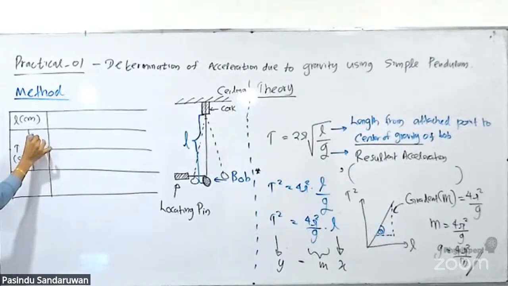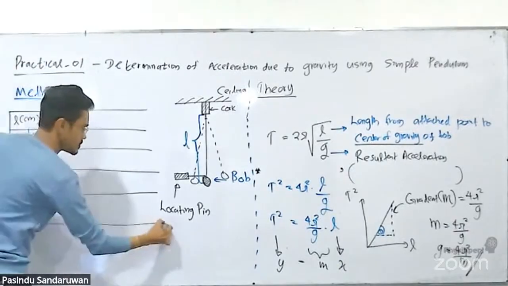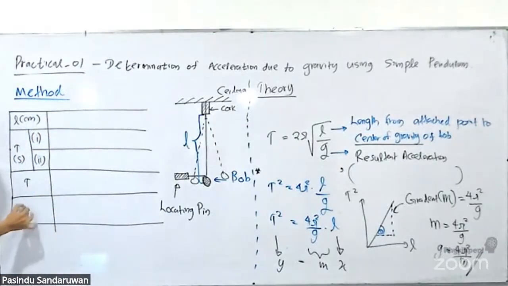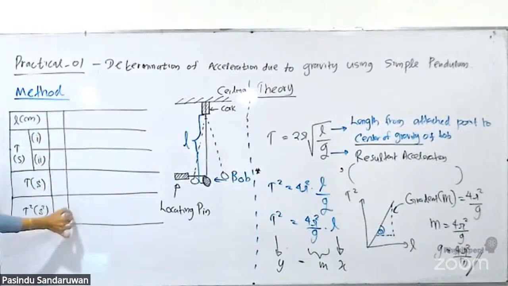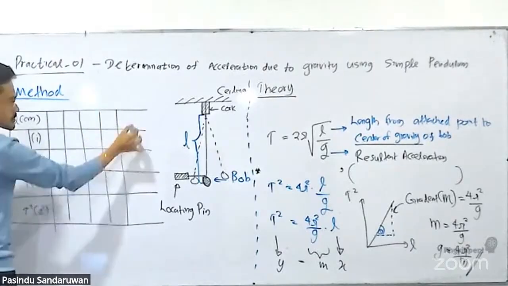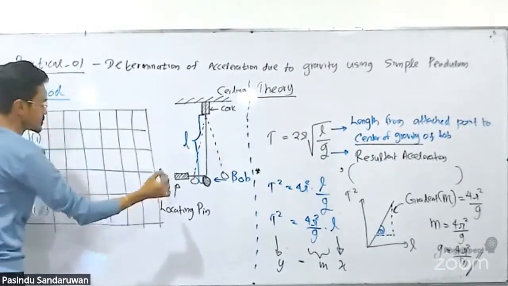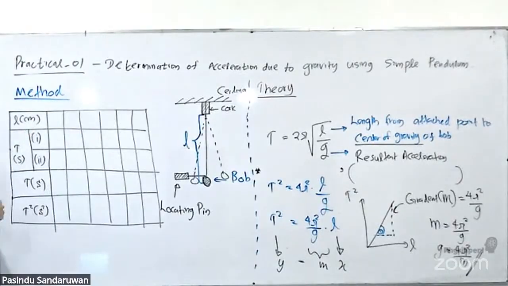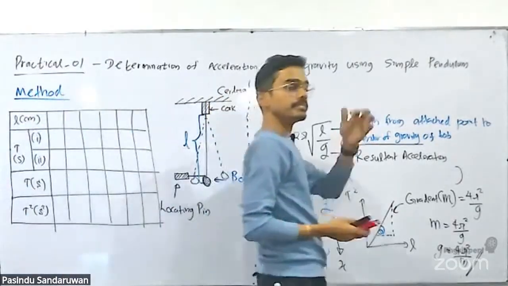This is reading 1 of time, reading 2 of time, and the average, which is the final T. And one more column for T squared. T is in seconds and T squared is in seconds squared, right? You have to have 6 readings minimum. So this is the data table.